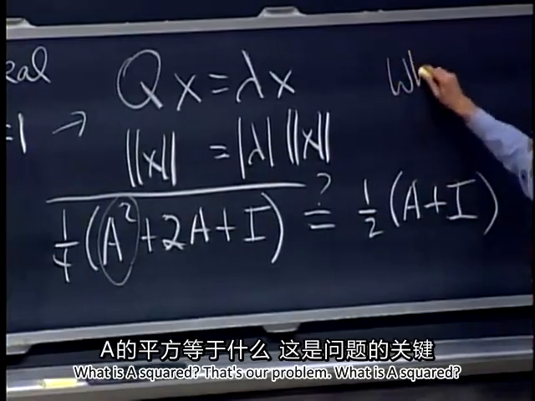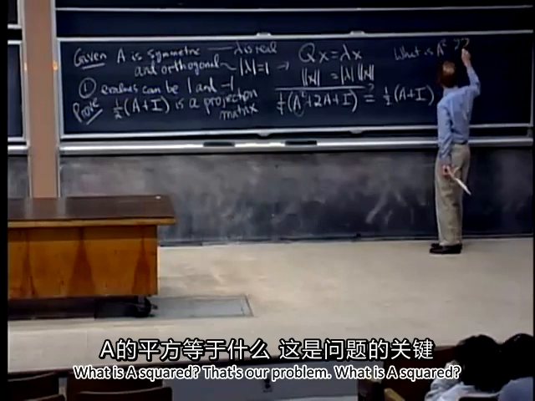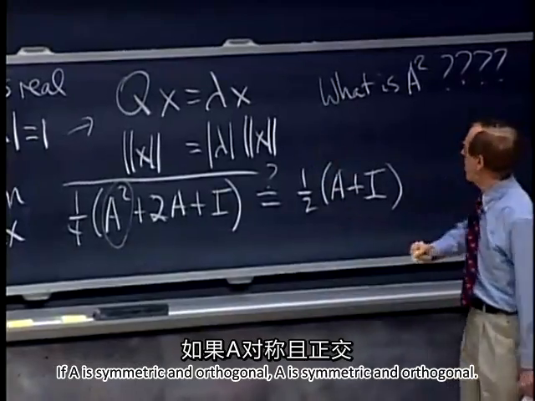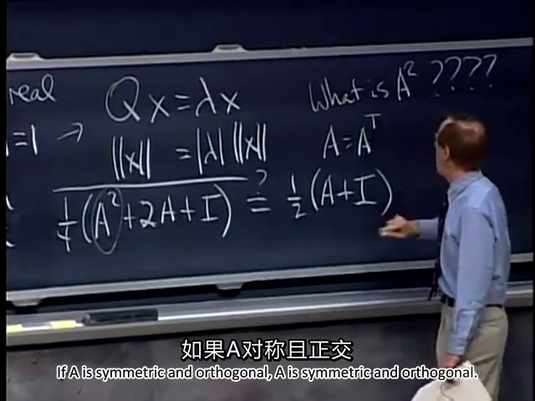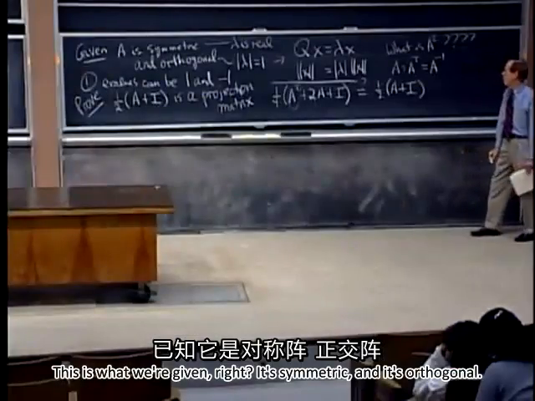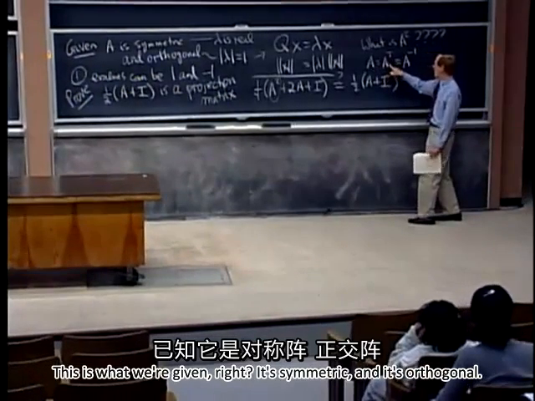If A is symmetric and orthogonal, this is what we're given, right?